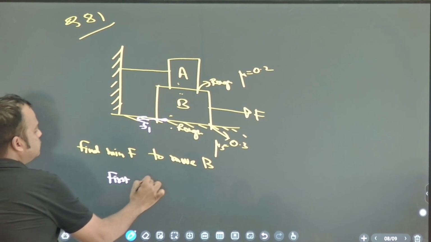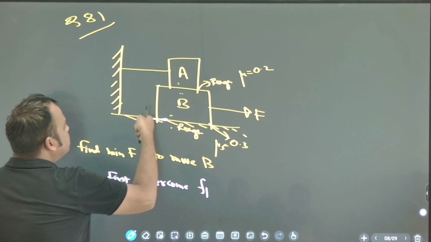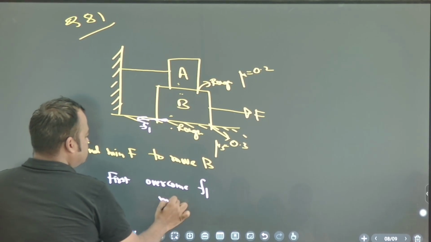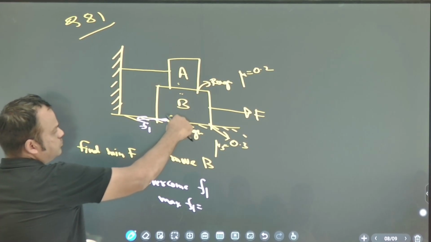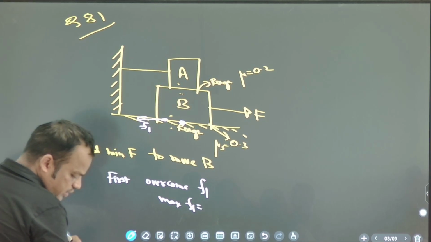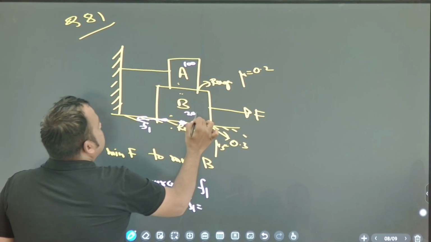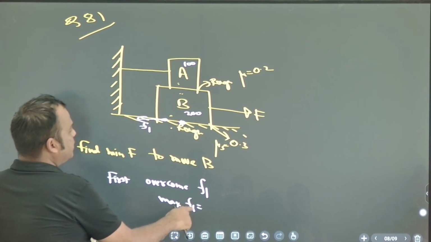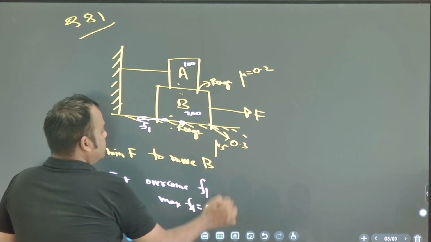First overcome F1. What is the maximum value of F1? What is the normal here? Masses are given, 100 and 200. A is 100 kg, this is 200 kg. Tell me what is the maximum value of F1? Mu s into total mass.